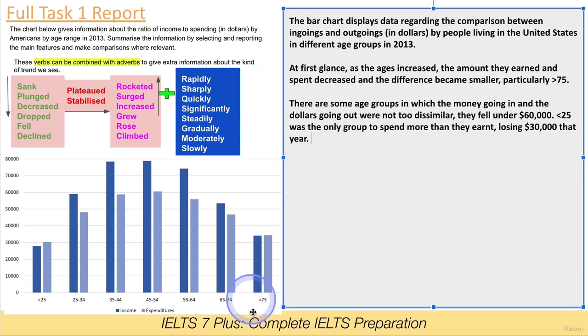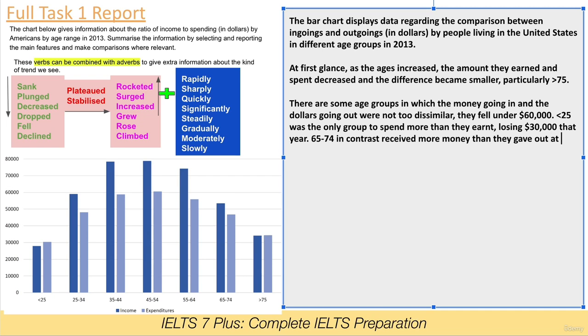Okay, then we were thinking about 65 to 74. In fact, in contrast, they received more money than they gave out.